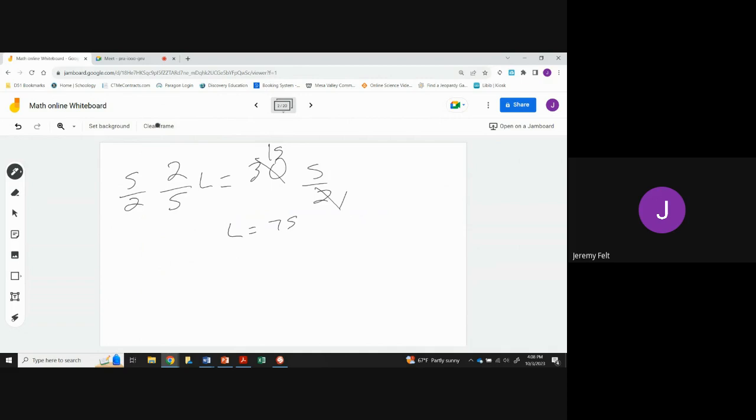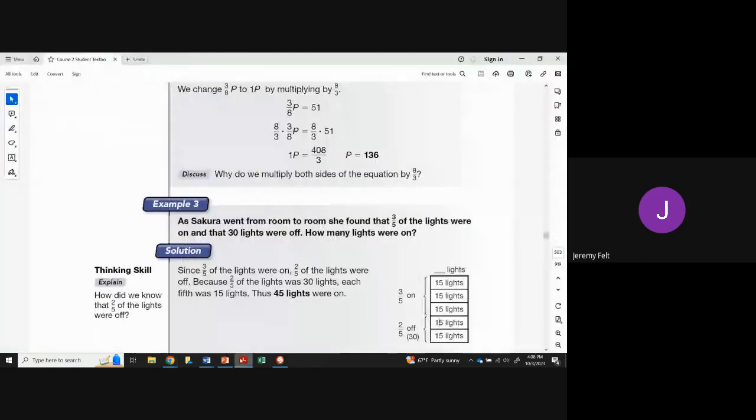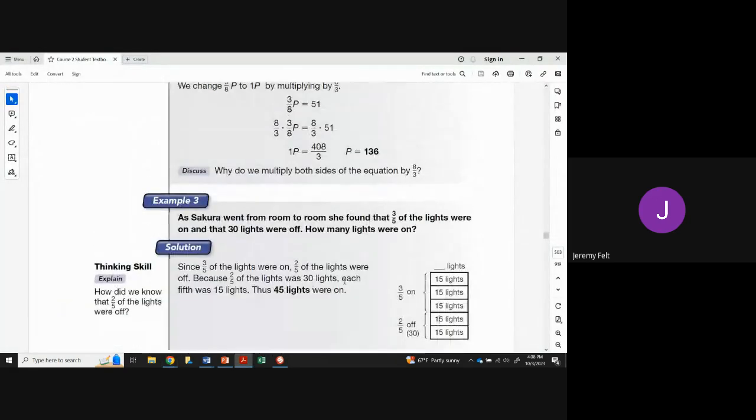That would be 45, which is what we found using this method as well.